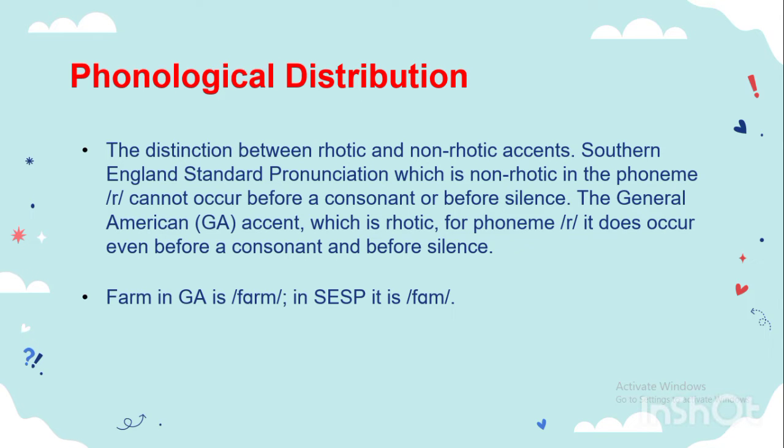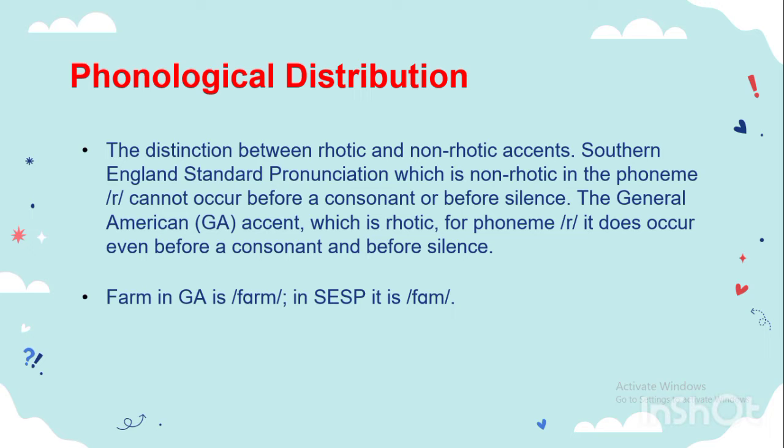Phonological distribution. A well-known example of phonological distribution differences is the distinction between rhotic and non-rhotic accents. Southern England Standard Pronunciation, which is non-rhotic, does not allow the phoneme r to occur before a consonant or before silence. The general American accent, which is rhotic, does allow the phoneme r even before a consonant and before silence.